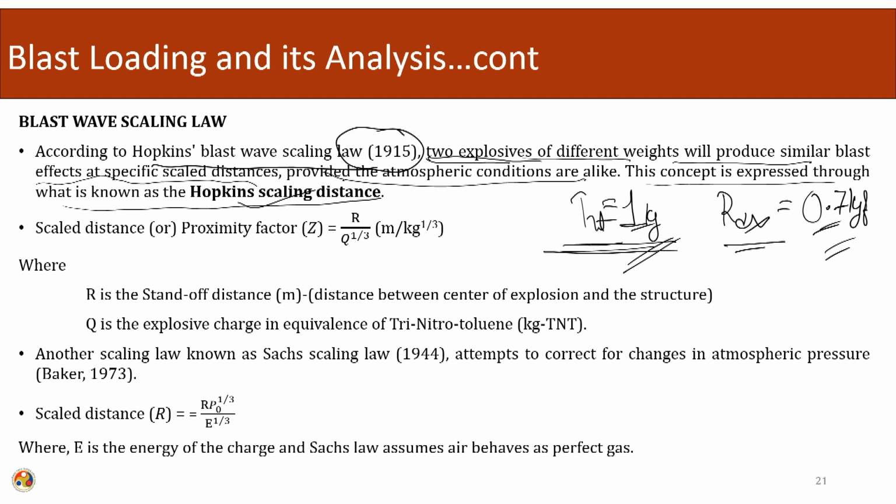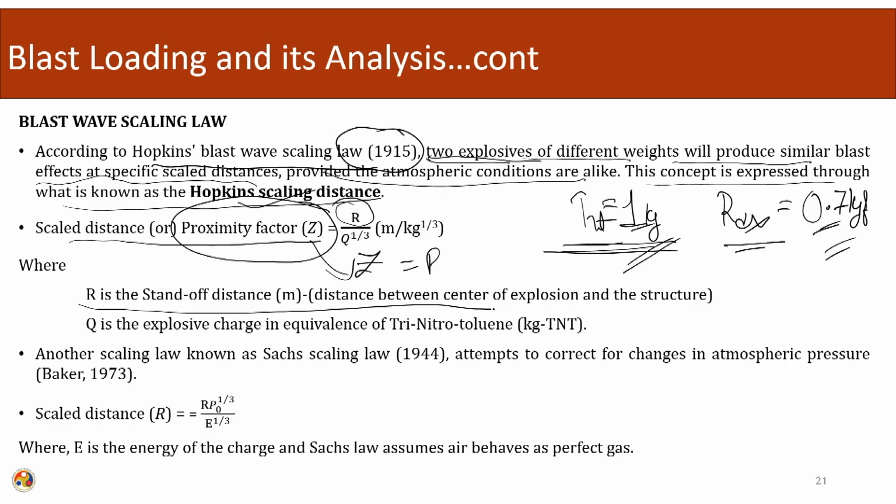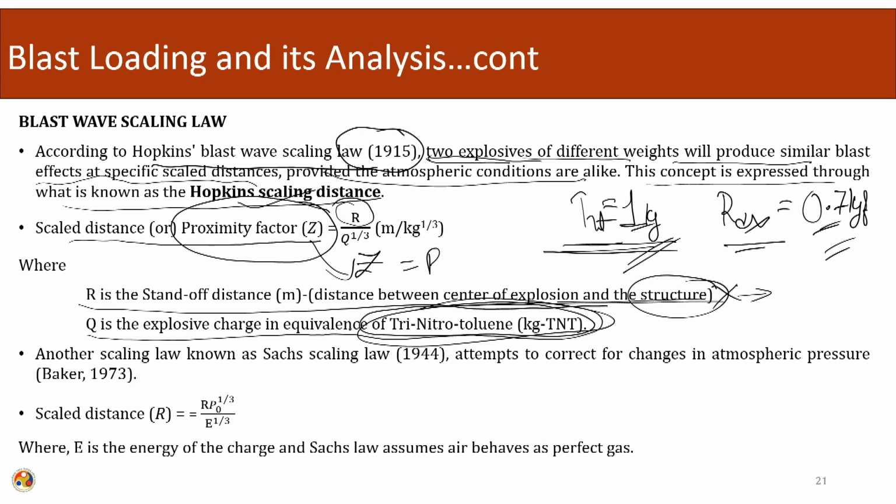He introduced a term Z, known as the scaled distance or proximity factor, expressed in terms of R, the standoff distance, which is the distance between the center of the explosion and the structure where the blast pressure is being calculated. Q is the explosive charge in equivalence of TNT. Everything was expressed in kg TNT, which is the base mass unit. It has two parts: kg, the weight of the charge, and TNT, the equivalent TNT charge.